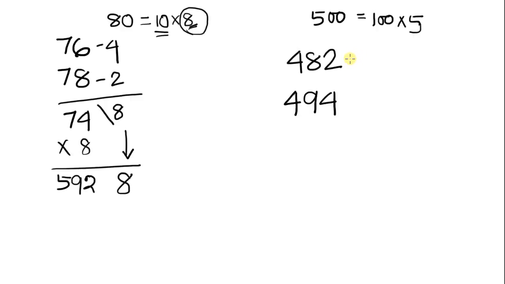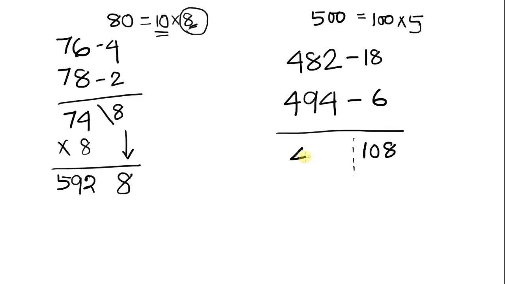So 482 is 18 less than 500, and 494 is 6 less than 500. If I multiply 18 and 6, I get 108. On this side, either I do 482 minus 6 or 494 minus 18, whatever I do, I get 476.